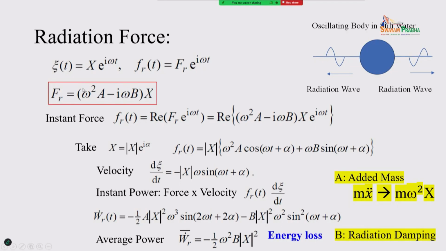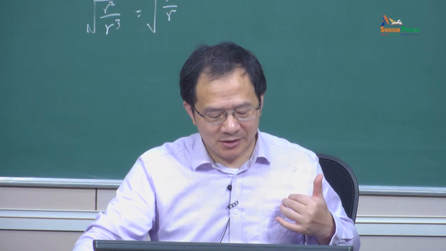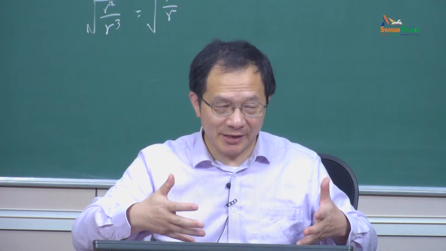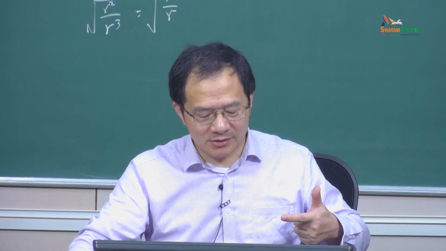So that is the force: the imaginary part looks like damping. The other term is the mass term, where A is the added mass, a concept we already learned. In one cycle, the mass stores energy and returns it, so there is no net energy loss from it.